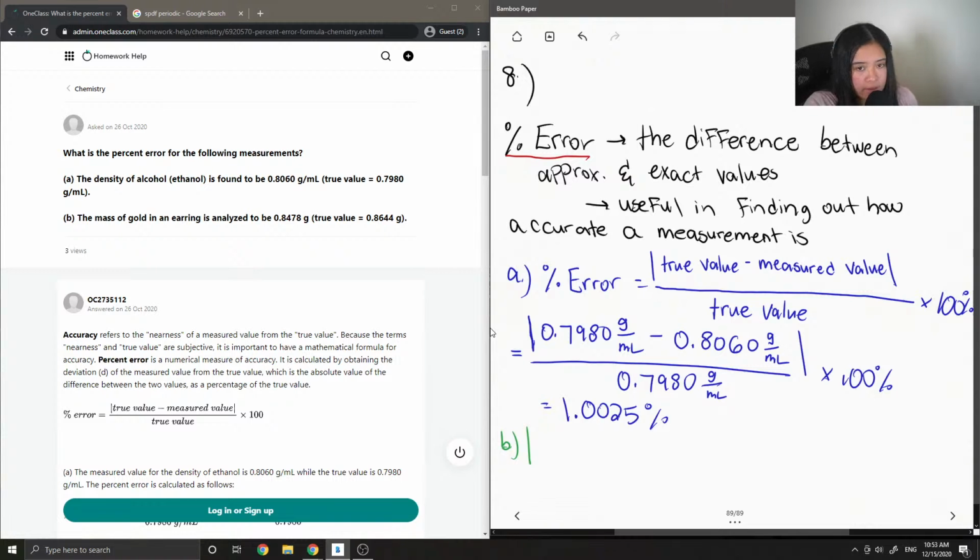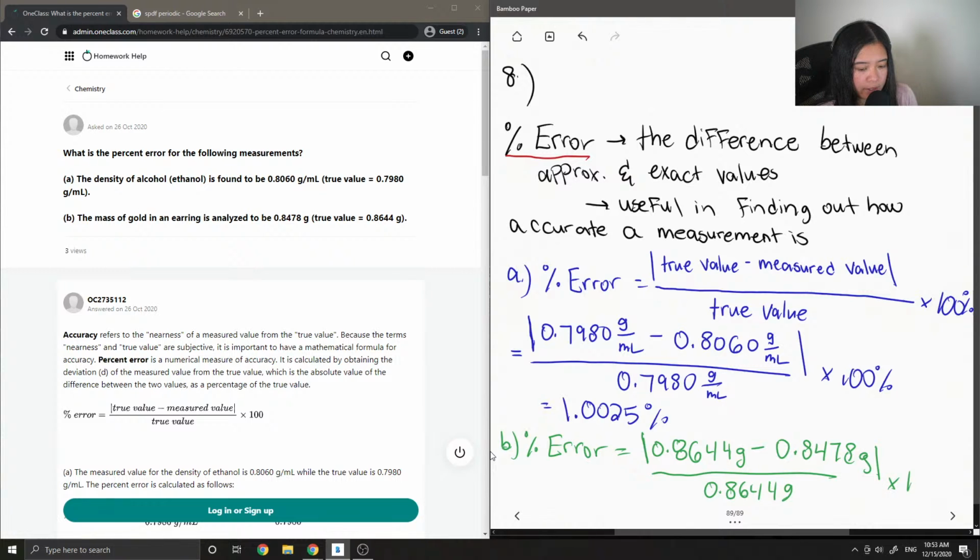So again, let's take the absolute value of the difference between the two. So we have 0.8644 minus 0.8478, divided by 0.8644, times 100.